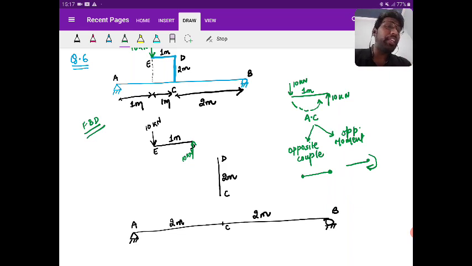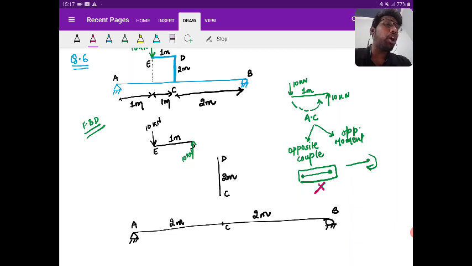Now, in the member ED, E end is free. So if E end is free, then E cannot resist any load. So if E cannot resist any load, you cannot apply an opposite couple.